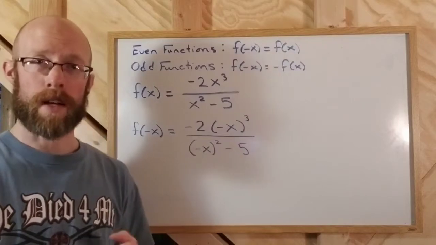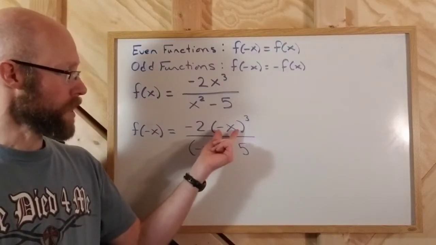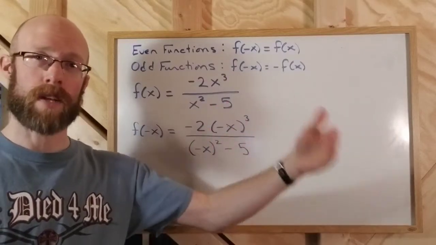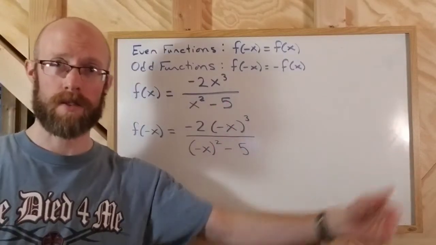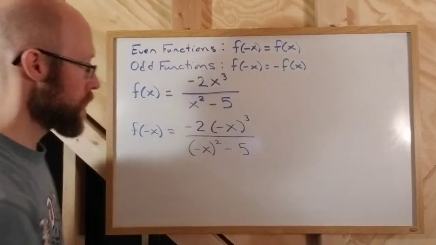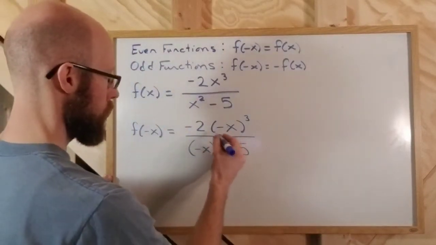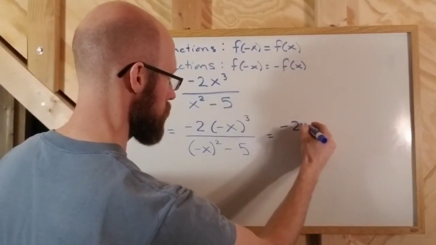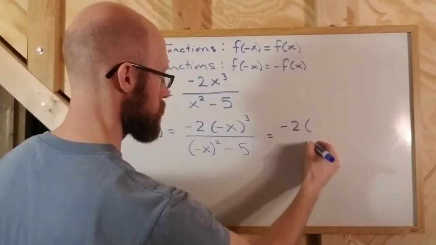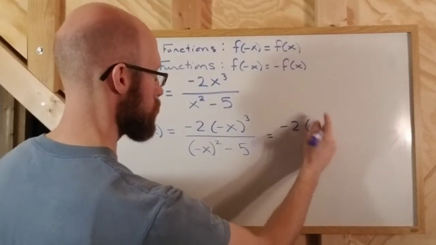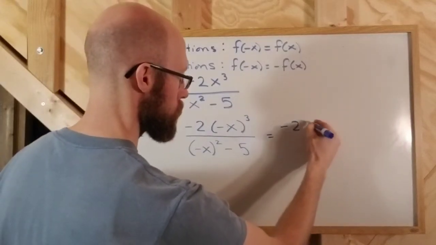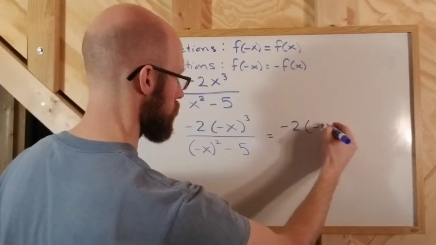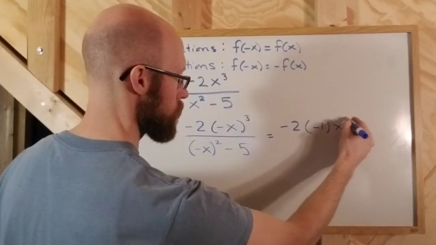Now I think about my exponent rules again. When I take a negative and raise it to an odd power, that's 3 factors of a negative. Negative x times negative x times negative x. 3 of them make a negative. And so this is equivalent to having negative 2 times negative 1 times x cubed.